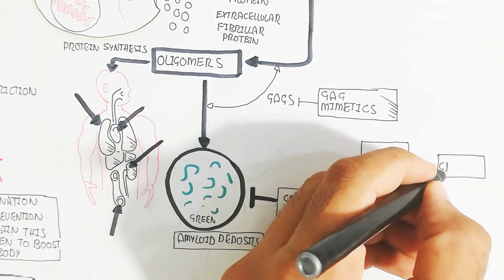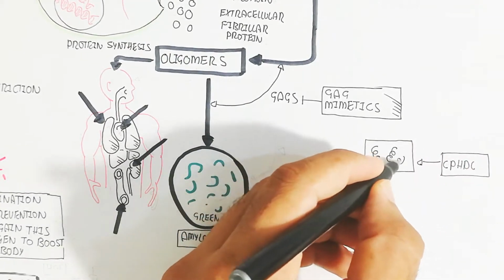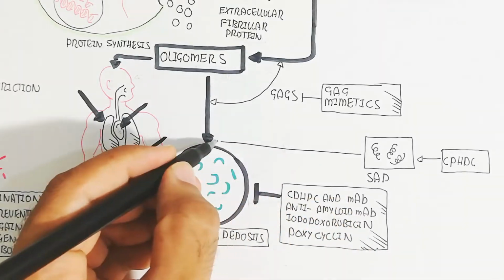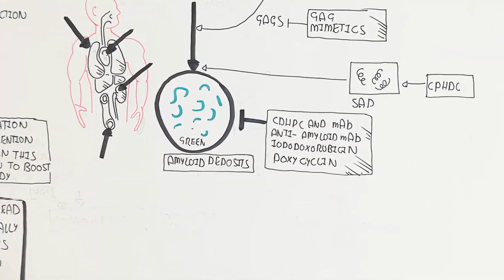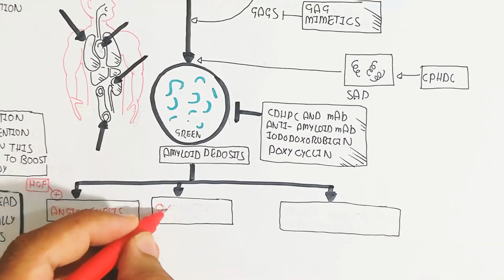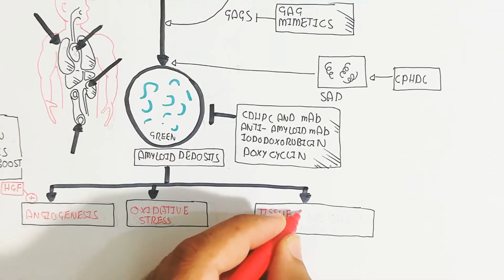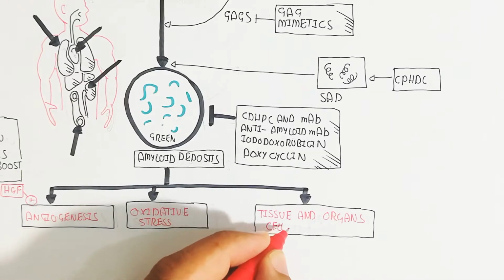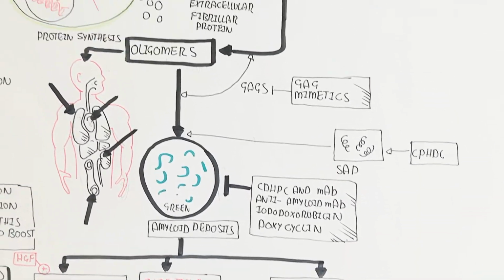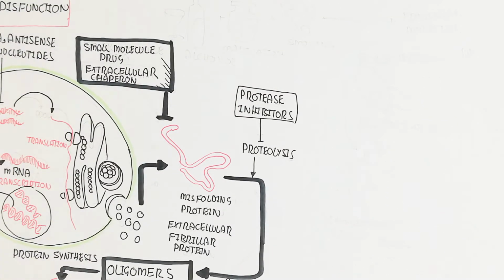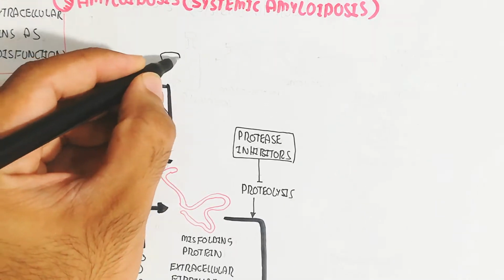So the deposit can be inhibited. While here the CPHTC can also lead to producing SAP, which will create more amyloid deposit. So the amyloid deposit, angiogenesis, oxidative stress, and tissue and organ cell injury will cause these things.